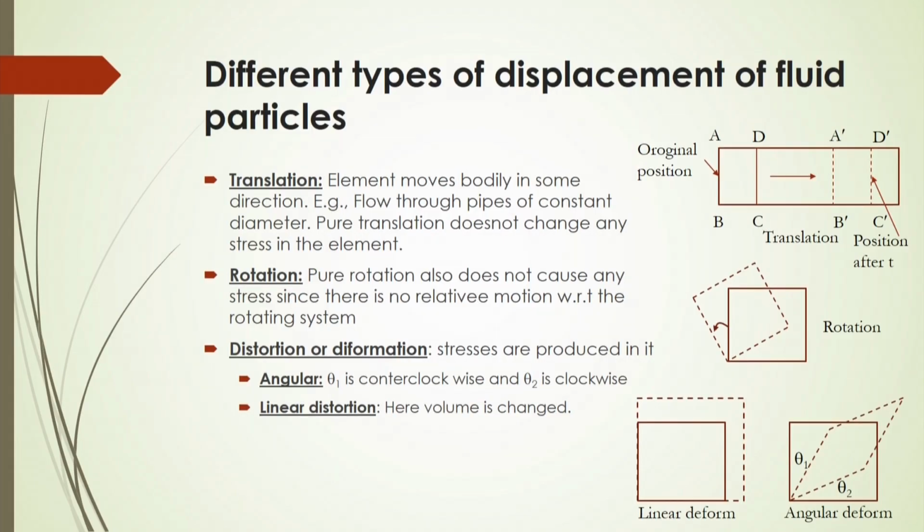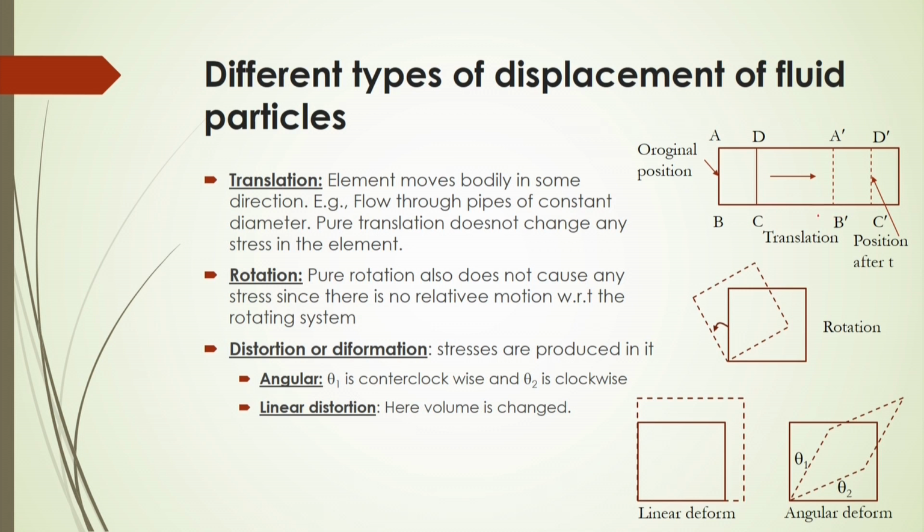What is translation? As per the figure, this element moves bodily in some direction. Suppose AB is moving to A dashed, B dashed, and CD is moving to C dashed, D dashed.